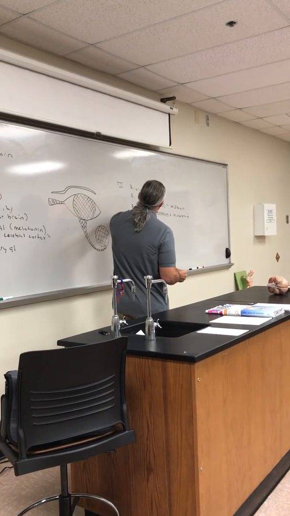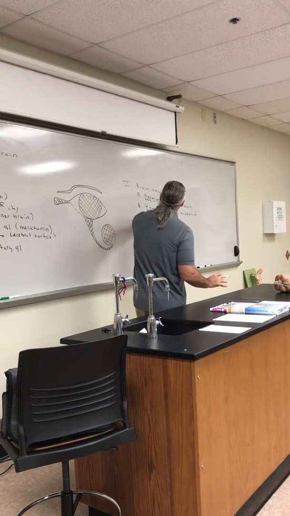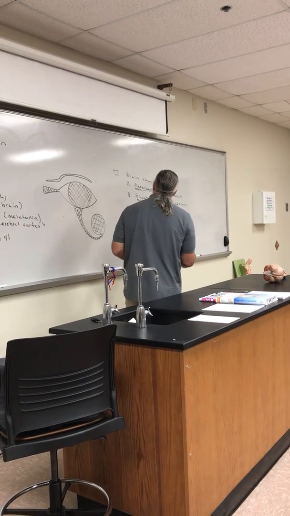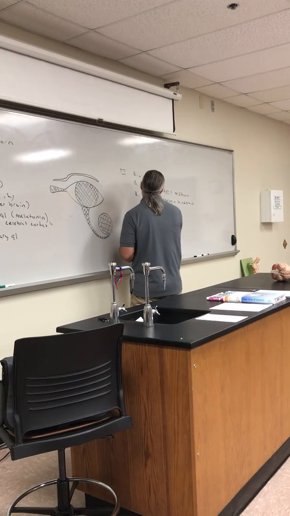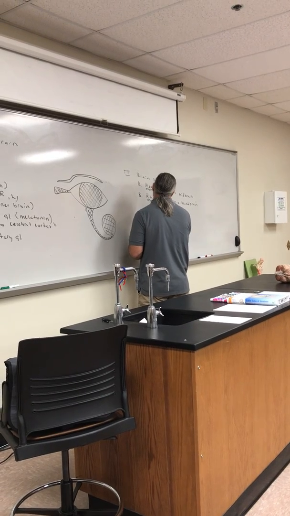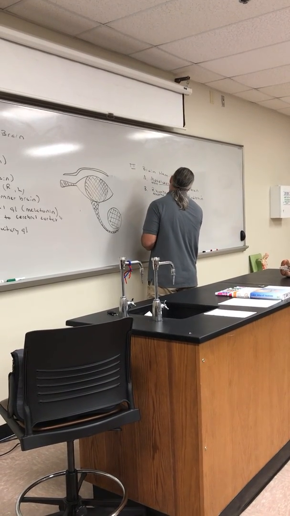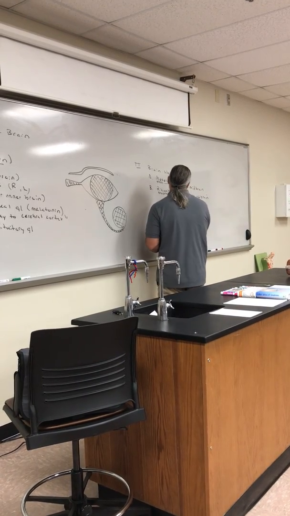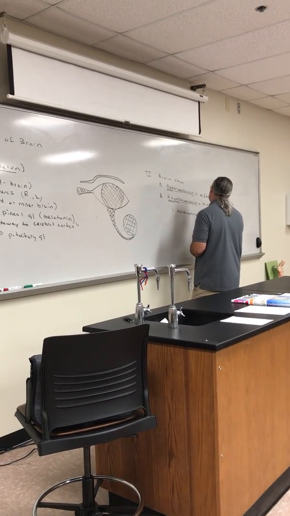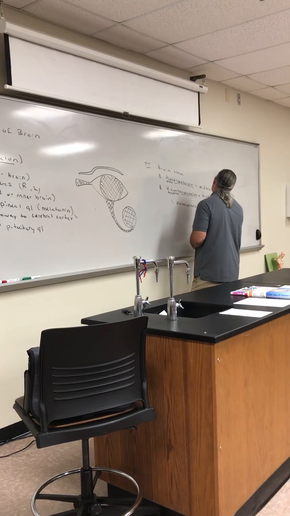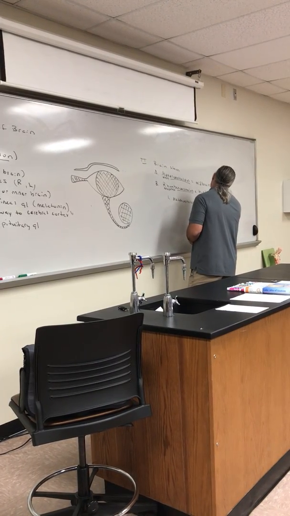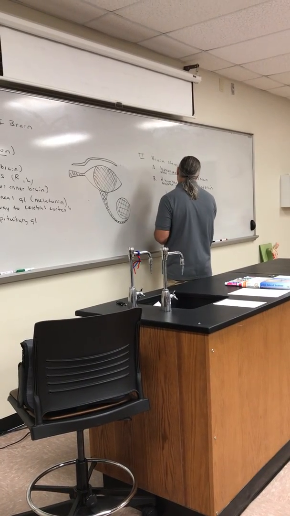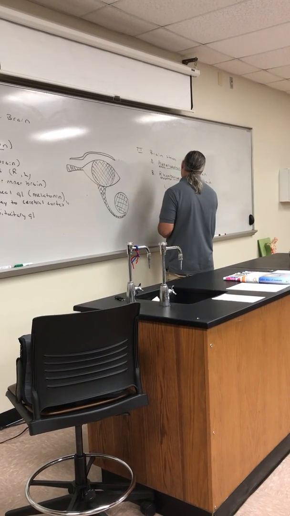Rhombencephalon means hindbrain. And the rhombencephalon is subdivided into 2 parts. It's subdivided into the metencephalon. Metencephalon is your afterbrain, and that's basically your pons and your cerebellum.